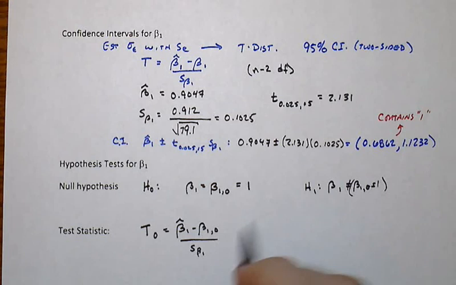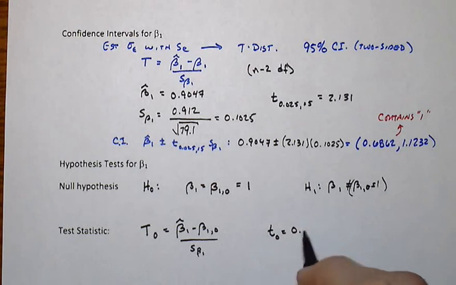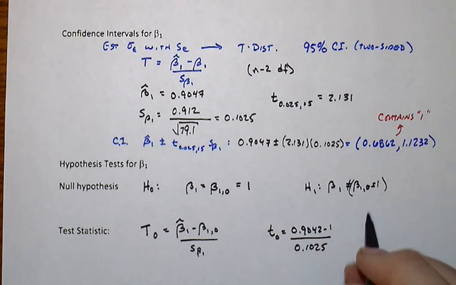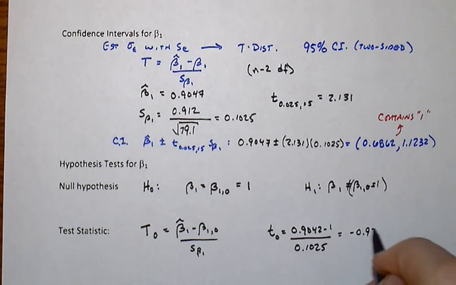For our calculated value, we'll have 0.9042 minus 1 divided by 0.1025, and that will give us a t-value of negative 0.9346.